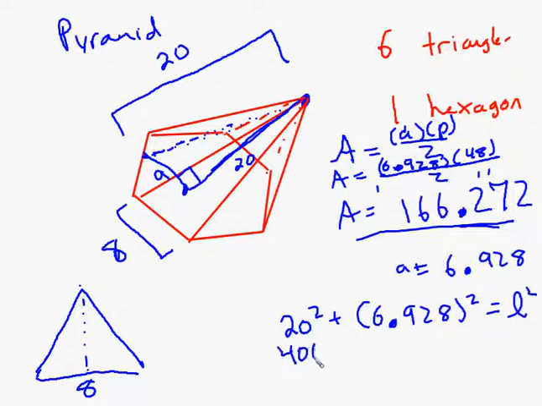So we get 400 plus whatever 6.928 squared is. 47.9, keep some more decimal places. 447.997 equals L squared. Then what is L to the nearest thousandth? 21.166.